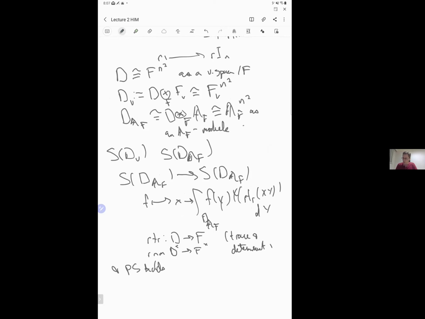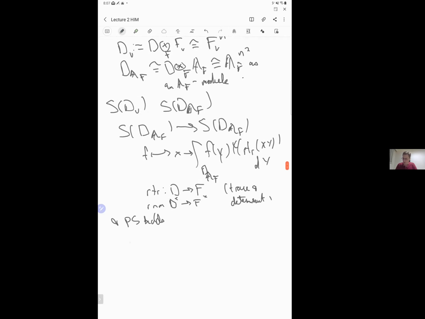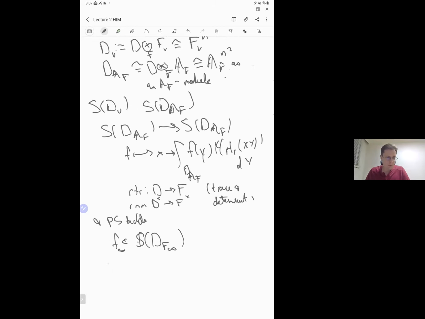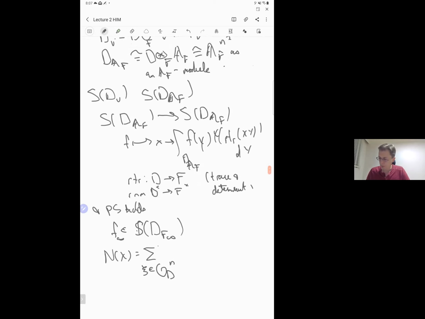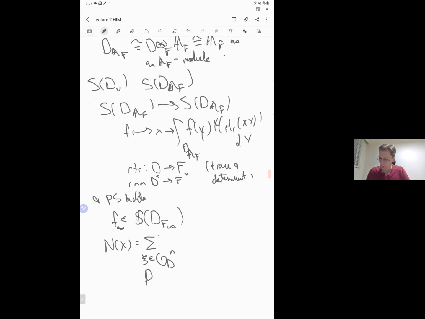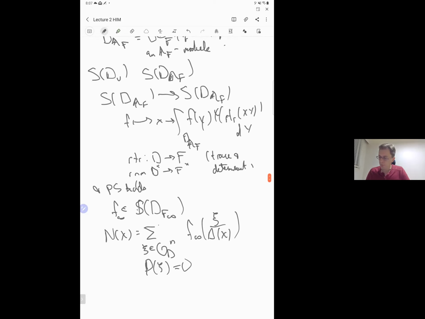Okay. So let's go through our circle method study. If I had f_infinity, say an element of the Schwartz space of D_F_infinity, then I could study N(X), which is the sum over all c in O_D^n with P(c) equals 0 of f_infinity of c over delta of X. Remember, this is a non-commutative polynomial.